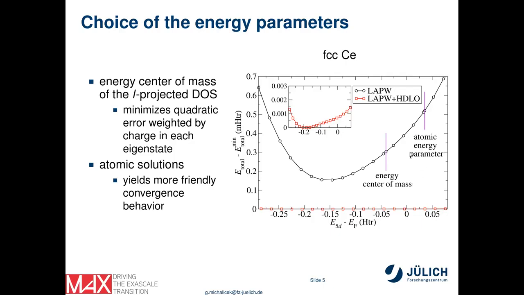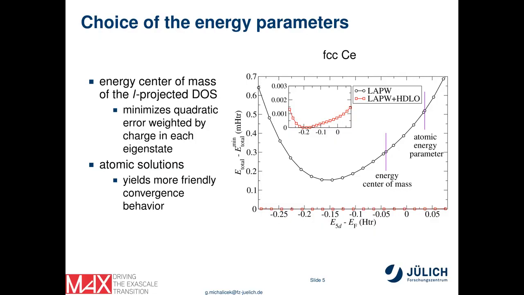We typically use this atomic energy parameter, where we solve an auxiliary problem with some isolated atom that has the effective potential, the spherical part of the effective potential in the muffin tin sphere, and a confining potential outside the sphere.